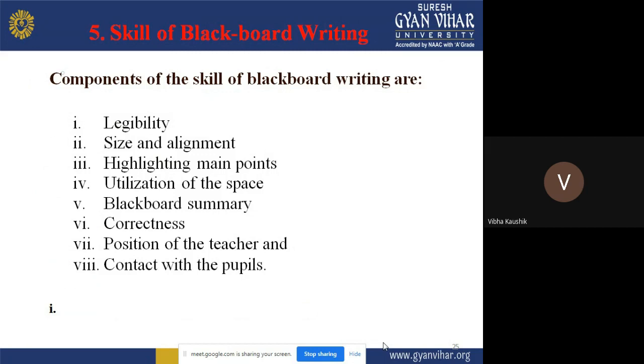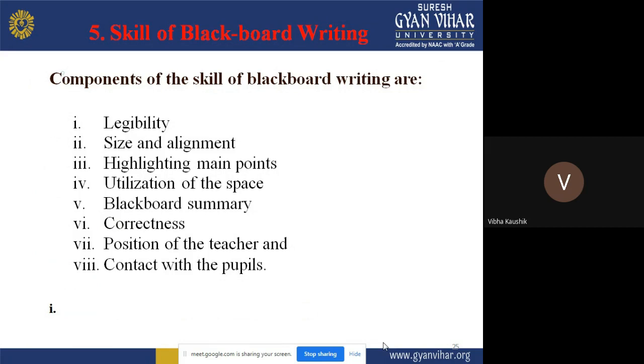Highlighting main points: the teacher has to highlight the main points that he or she has mentioned on the board. Utilizing of the space means the proper utilization of the board should be there. Blackboard summary means the teacher has to write the main points on the board.